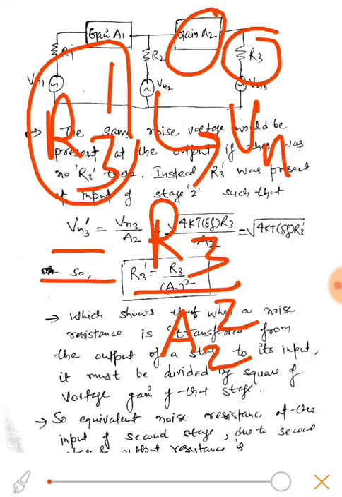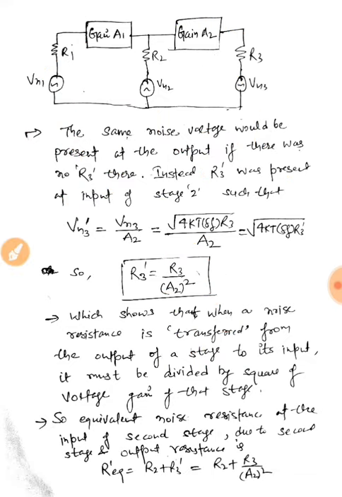So this is how we can find out the input counterpart of that output resistance that will create the same noise voltage at the output.